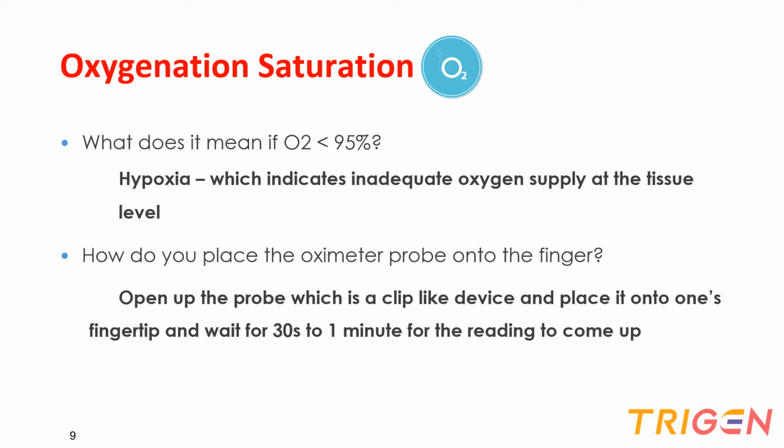If the oxygen saturation level dips below 95%, it will indicate that the body is experiencing hypoxia, which indicates inadequate oxygen level at the tissue level. Oxygen saturation levels are measured by placing an oximeter probe onto the fingertip, usually the index finger. One will wait for 30 seconds to 1 minute for the reading to come up.